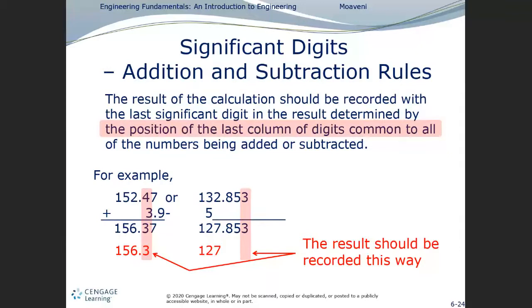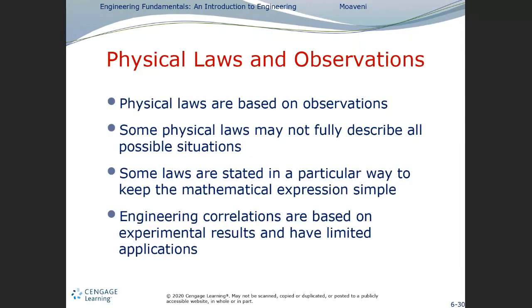Just because you need to keep decimals in mind, especially when you're looking at tolerances and things of that nature. All right, any questions? Good. That's pretty much it for lecture.